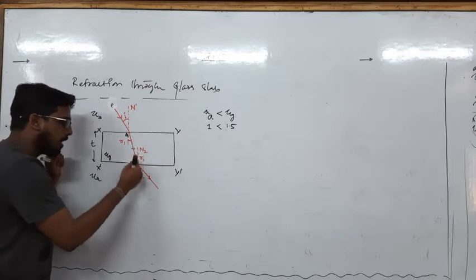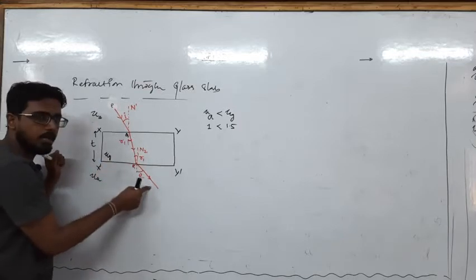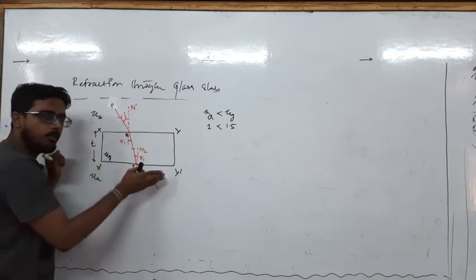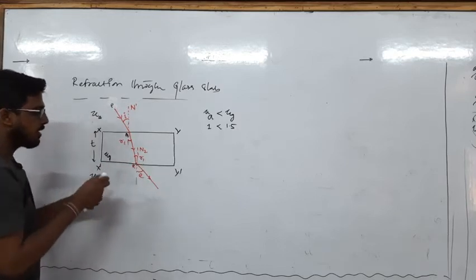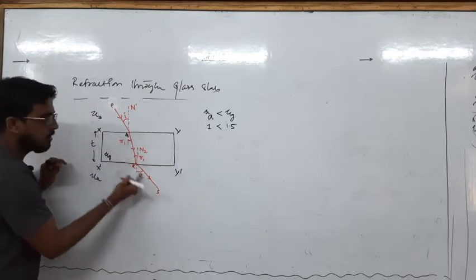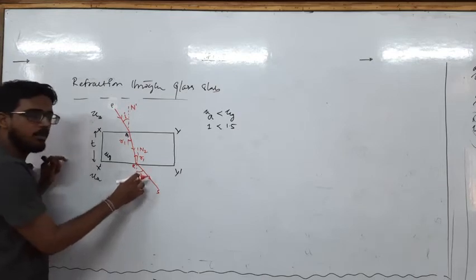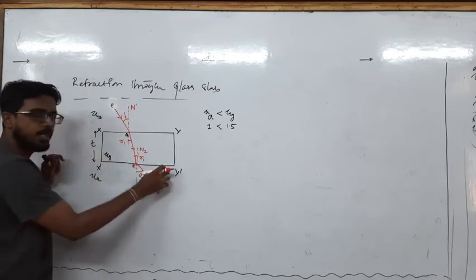At the normal N2, as the light ray QR travels from denser to rarer medium, it bends away from the normal. That's why the refracted ray moves along the RS direction, for which E is the angle of refraction at the interface X dash Y dash.